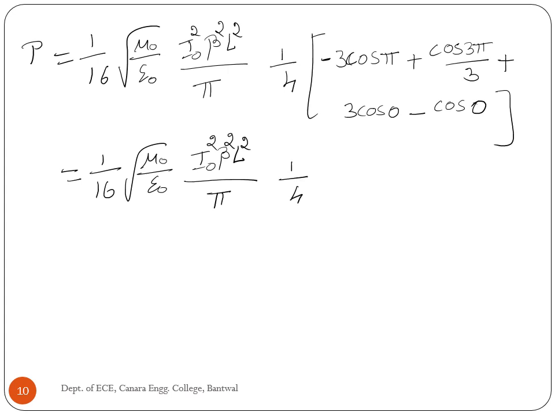1 by 4, cos pi is minus 1, therefore minus 3 times minus 1, minus 1 by 3, cos 0 is 1, and in the above divided by 3, so cos 0 by 3 is 1 by 3, and 3 cos 0 is 3.